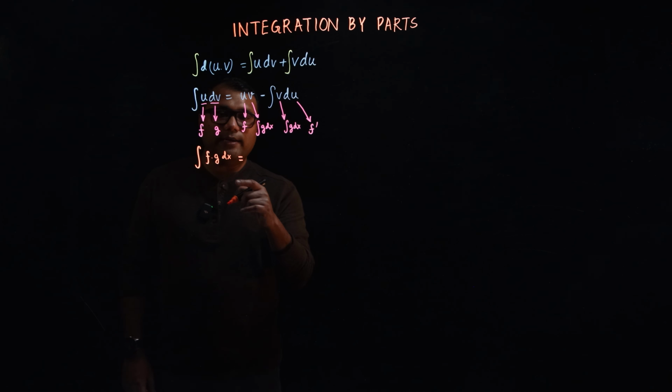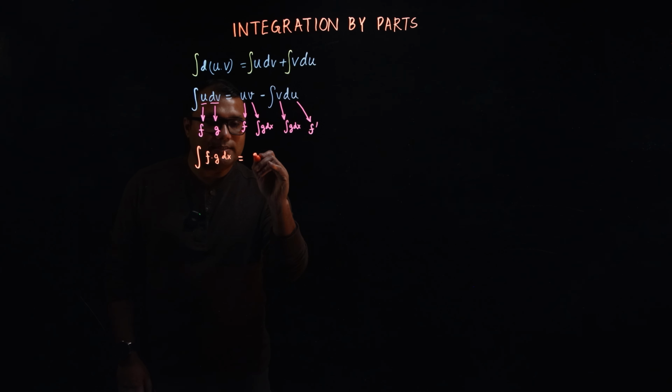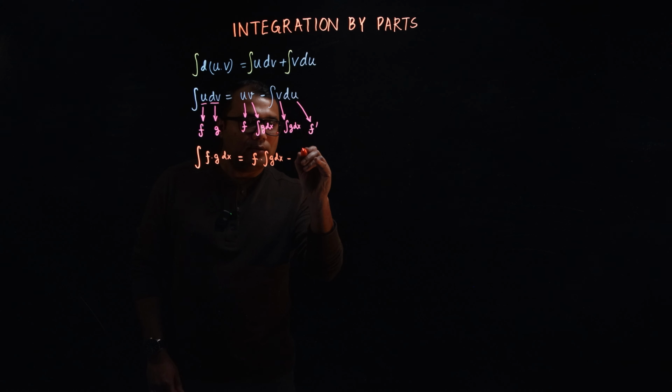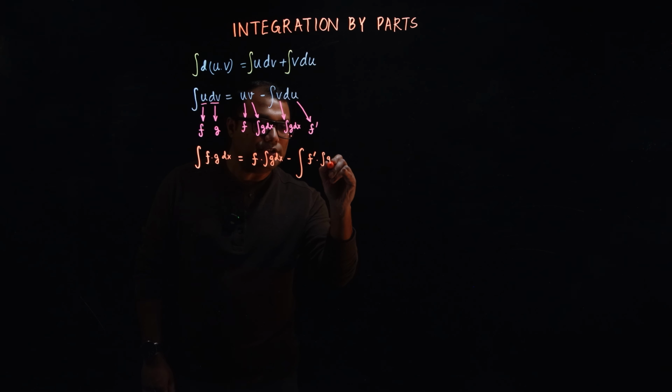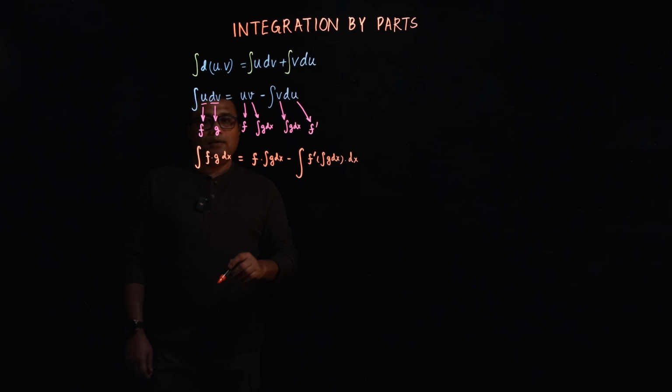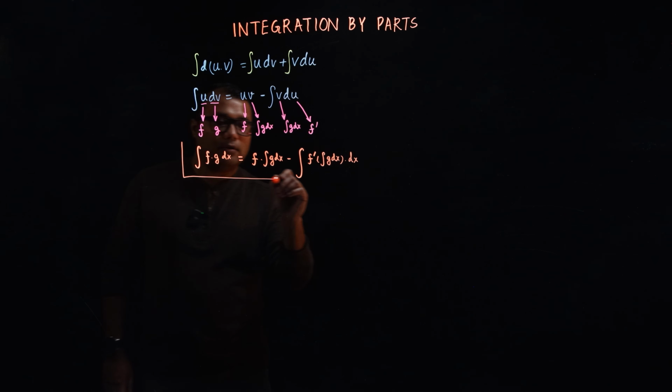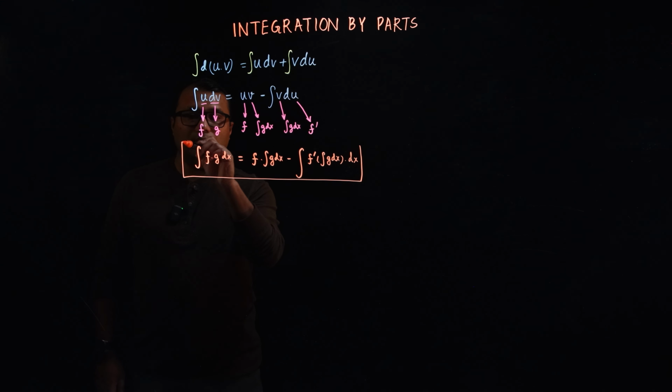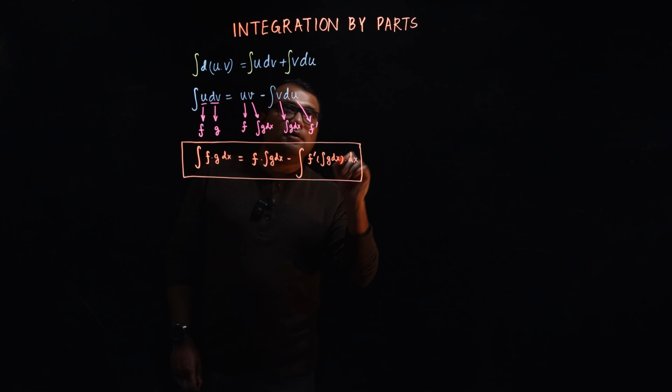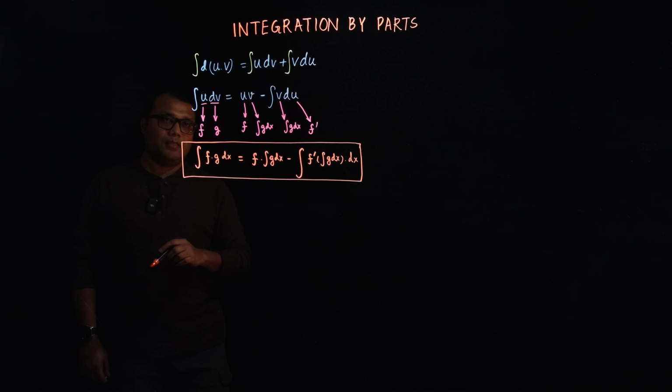So if we rewrite this, we can write it as f times integral g dx, minus integral f dashed times integral g dx, dx. This formula is our integration by parts formula.